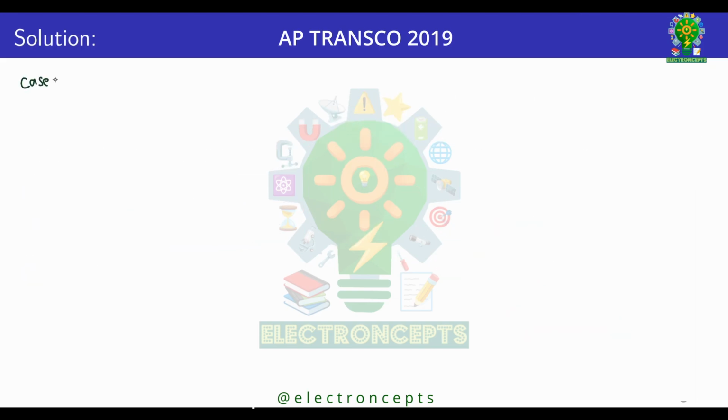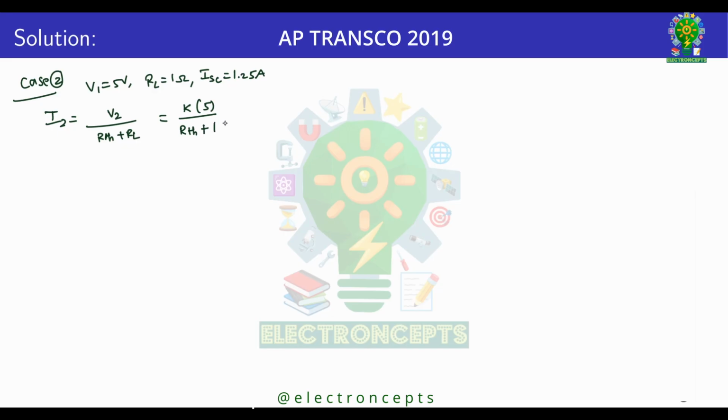In case 2, V1 is equal to 5 volts, RL is equal to 1 ohm, ISC is equal to 1.25 amps. Secondary side port current I2 is equal to V2 by RTH plus RL, which is equal to K into V1, which is 5 volts, divided by RTH, which is unknown, plus 1 ohm, is equal to 1.25 amps.